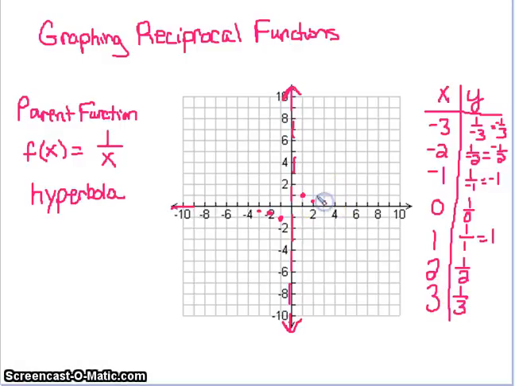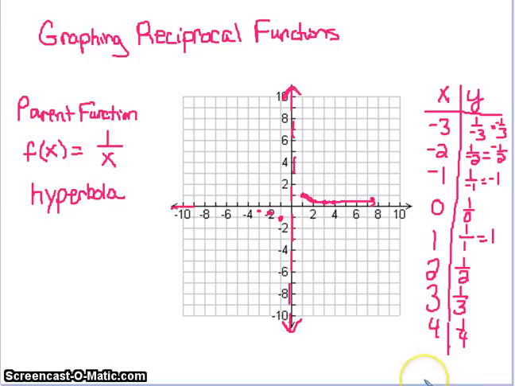We see that this is starting to slope down kind of like exponential decay, because if you plug in a 4, we're going to get 1/4, and you plug in a 5, we're going to get 1/5. So it's going to keep getting closer and closer.